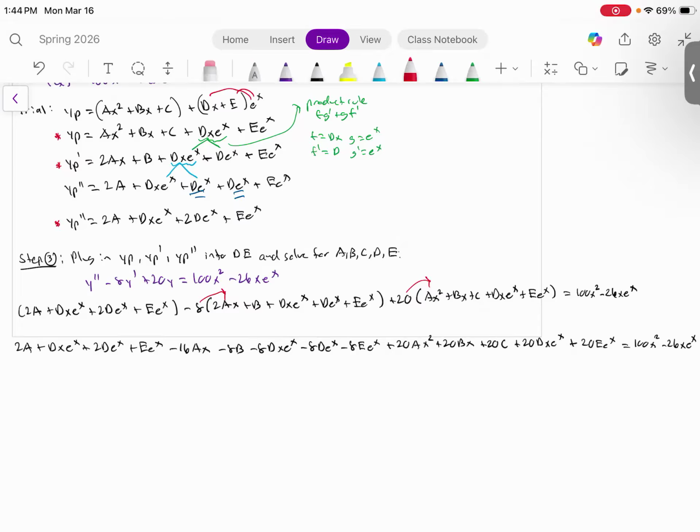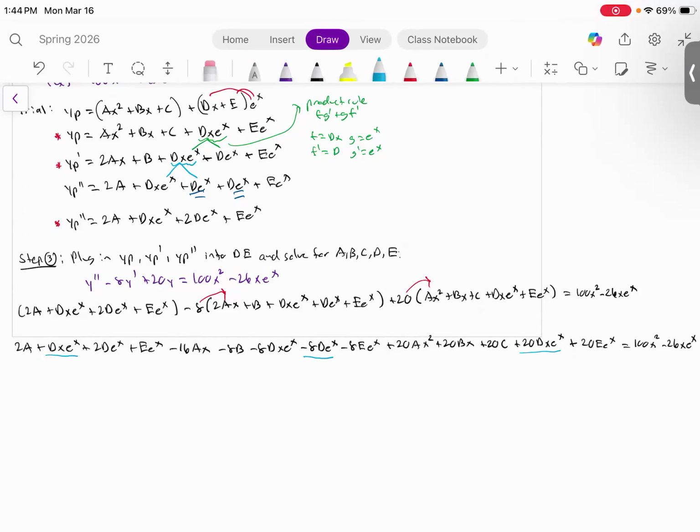So this is dx e to the x. We have another one right here, -8d e to the x. And then we have a 20dx e to the x term here. So we would add those together. What other like terms do we have?